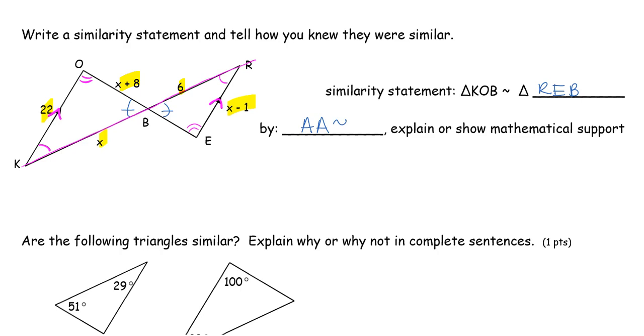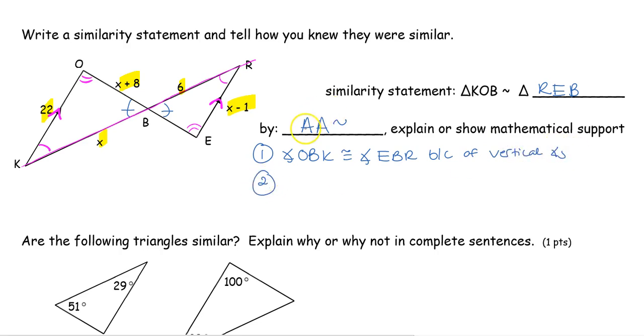And basically we just have to talk about what we did. So one, we have angle OBK is congruent to angle EBR because of vertical angles. Then for your second angle, because it's angle-angle similarity, you have to show two congruent angles. You could either tell me angle KOB is congruent to REB, or you could tell me the other corresponding or alternate interior angles.